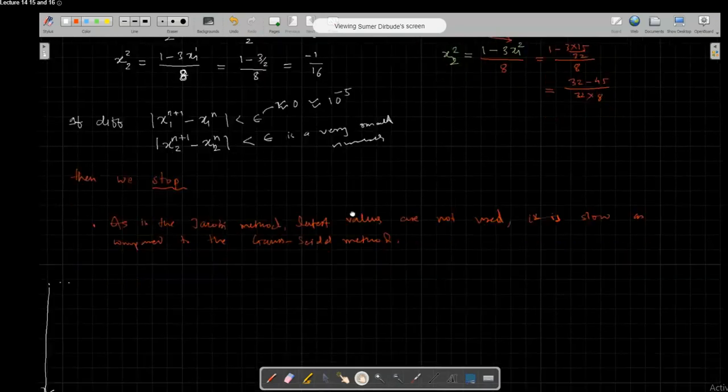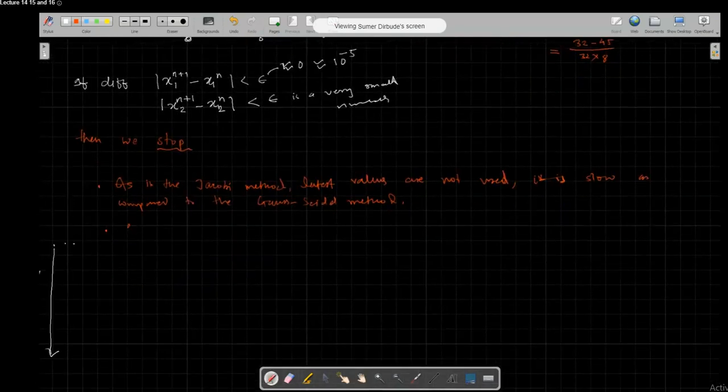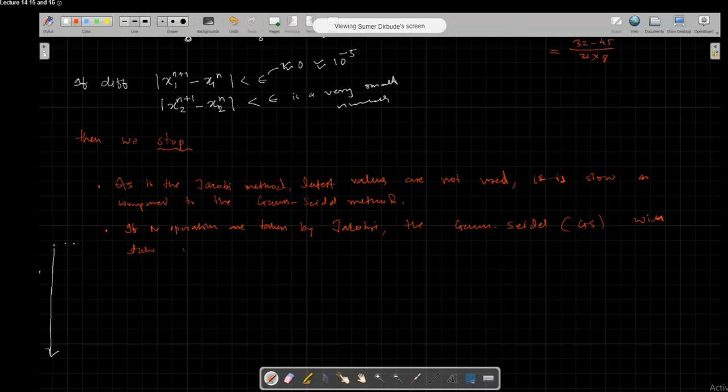Okay. And if n operations are taken by Jacobi, the Gauss-Seidel, GS, the GS will take n by 2 operations to solve the same problem.